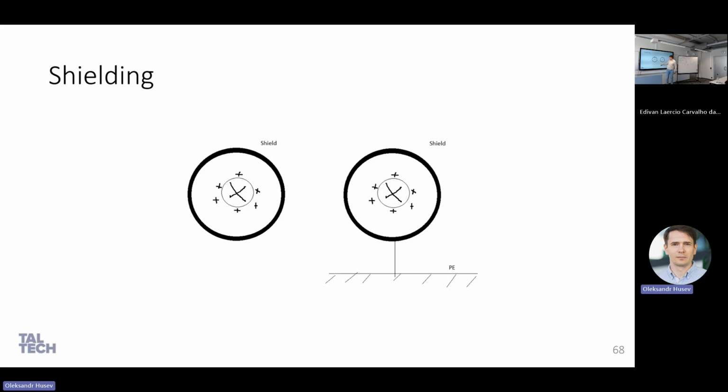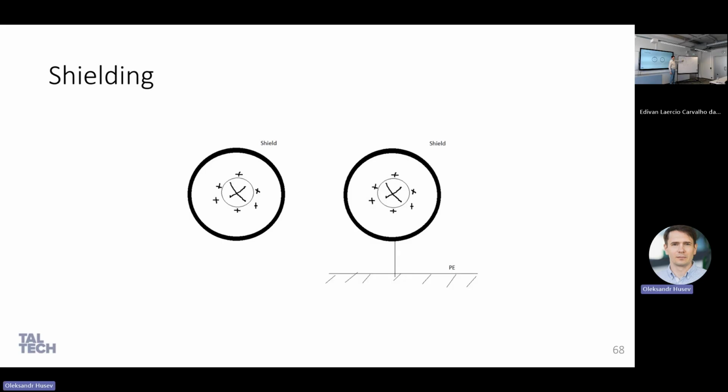so it works to protect our devices inside. This is a Faraday cage. But if you ground it, you consider this a potential surface, which means your plus signal will go down and you will have only negative charge, which will compensate this circuit.